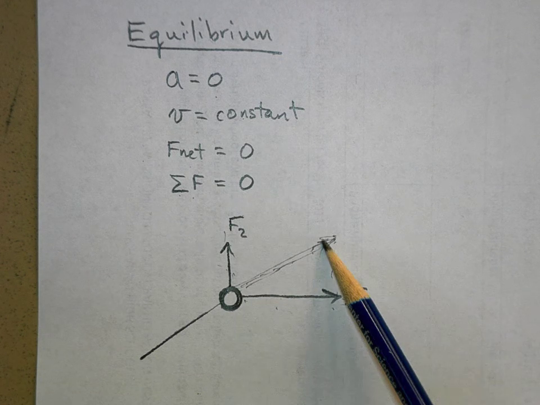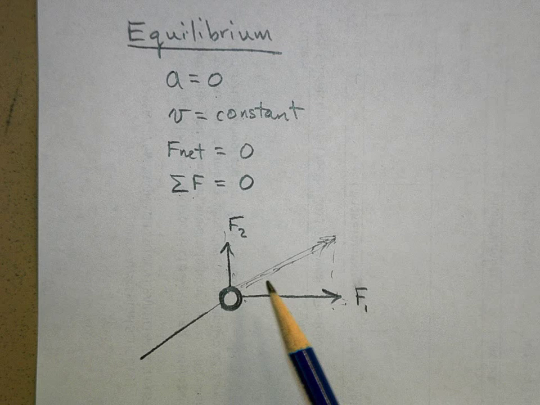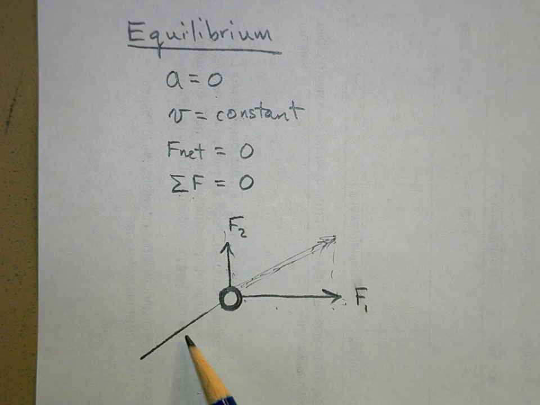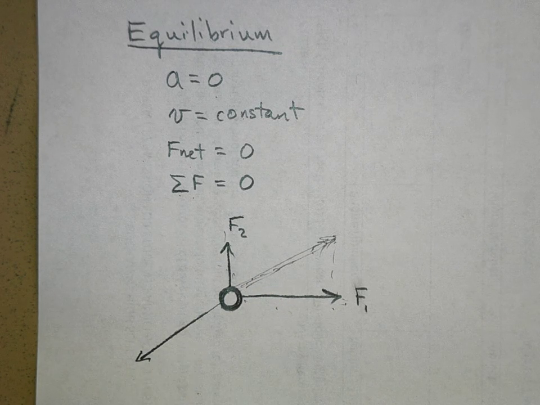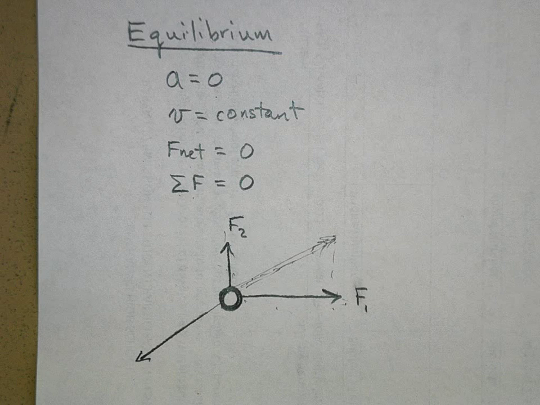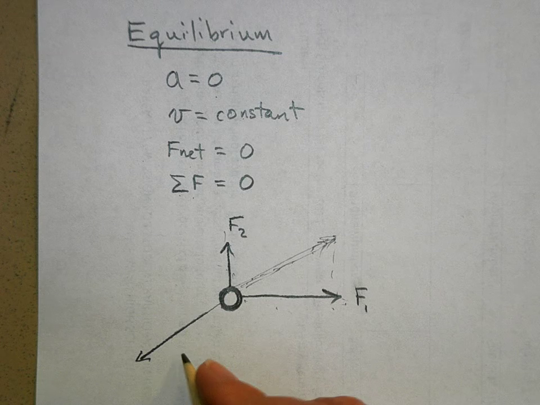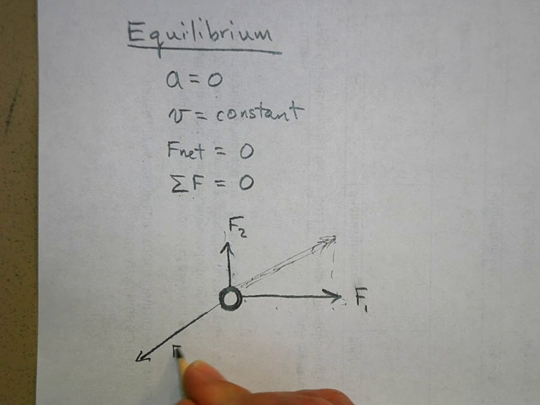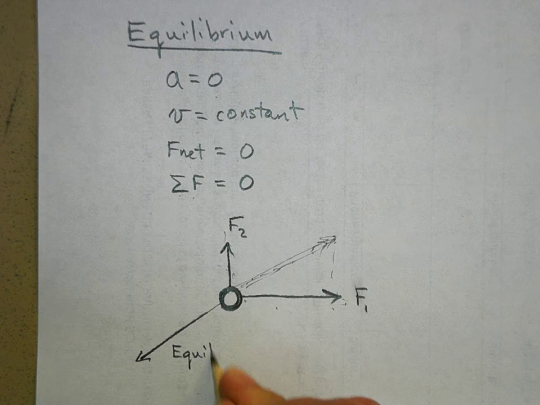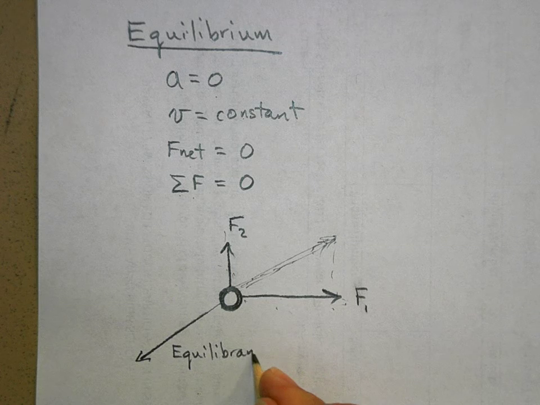And if I take the resultant force and add 180 degrees to it and cancel out that resultant force, I get the force that holds that object in equilibrium. It keeps it from accelerating. And this force right here is called the equilibrant force.